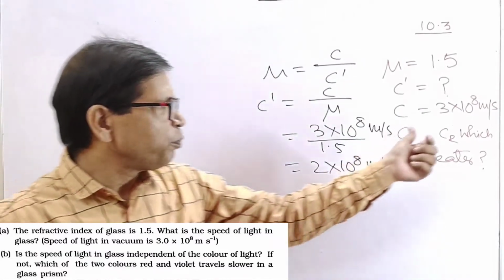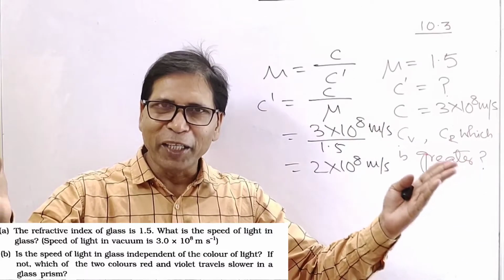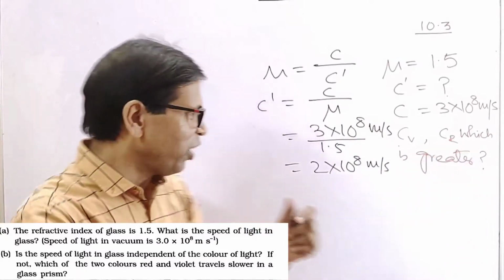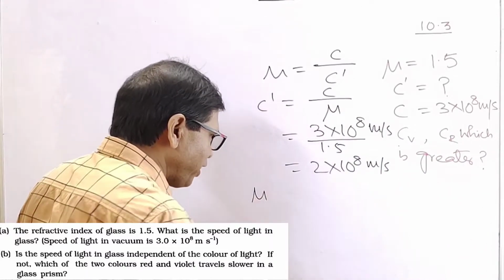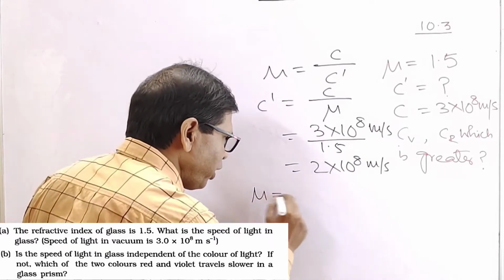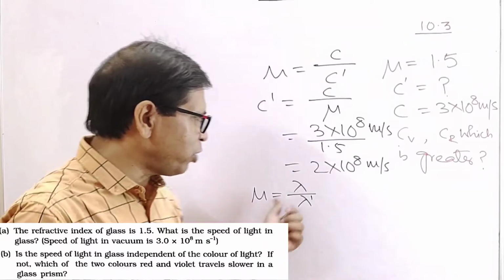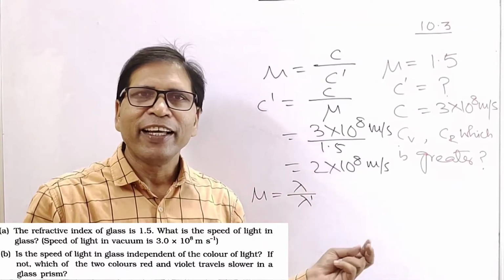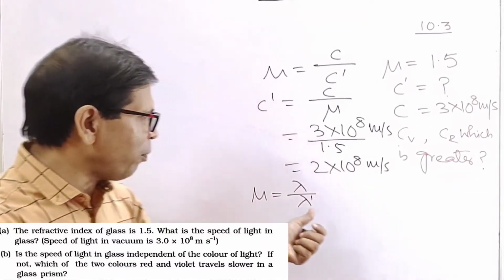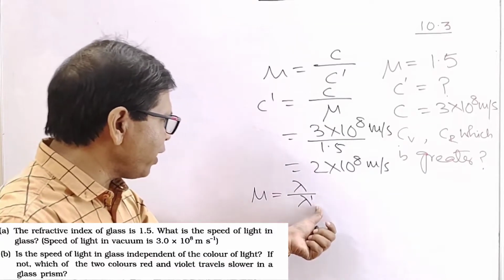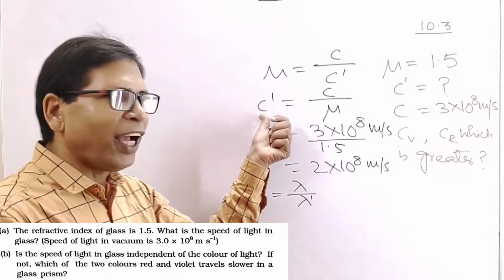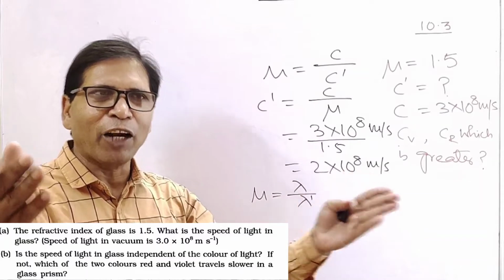Now will the velocity of light depend on color? We know the refractive index depends on the wavelength of light, where mu equals lambda by lambda dash. As the refractive index of a medium depends on the color of light, the speed of light also depends on the color of light.